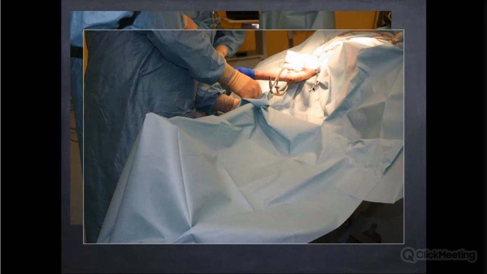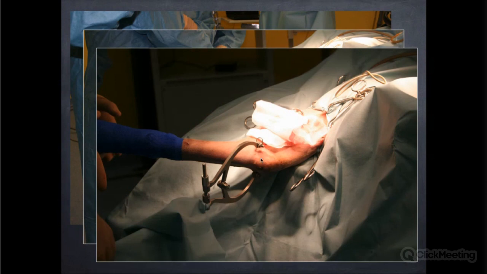And it is straight, so I don't have to bend too much the plate. So I can apply the plate straight, and this will help me a lot for minimally invasive osteosynthesis procedure. So this is my approach.